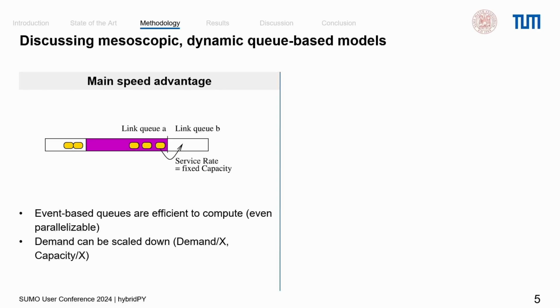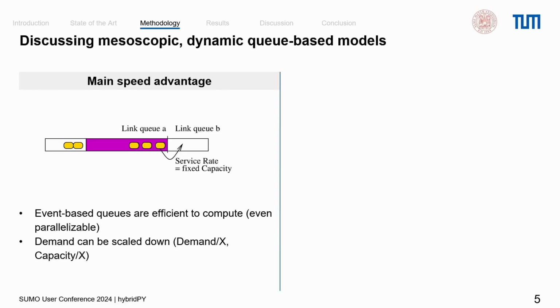What you see here is a link, and each link is a queue, and if new vehicles enter a link, then it's directly transferred from the entrance to the end of the queue with one step, because the speed here is assumed to be constant. So the vehicle knows exactly at what time it is at the end of the queue. It's a time-based event, so it knows when to do the next step.